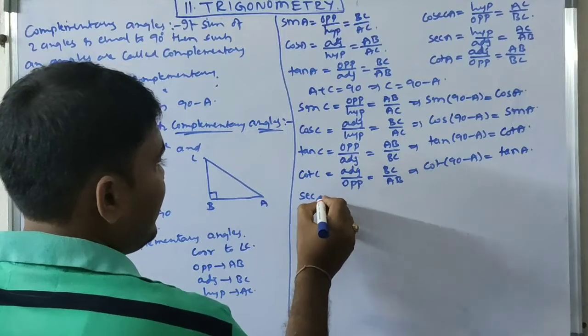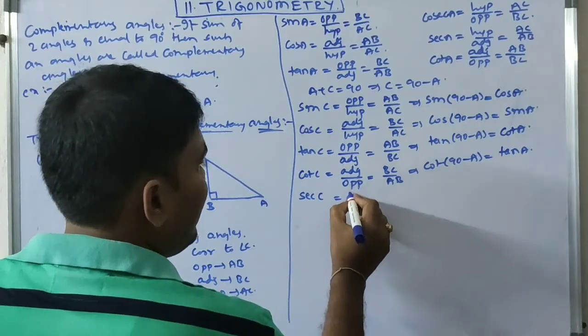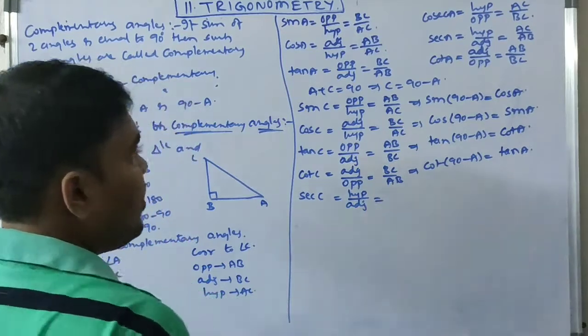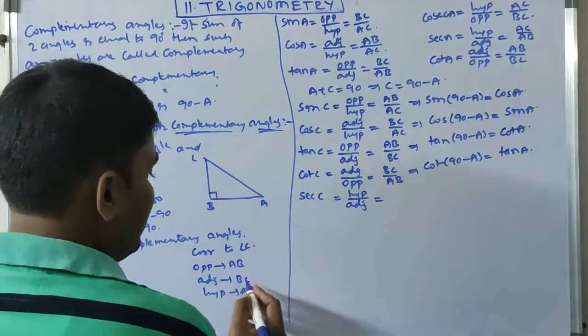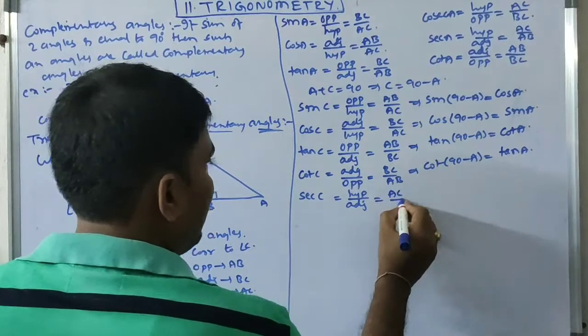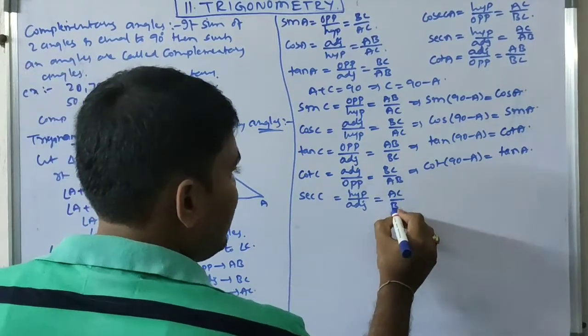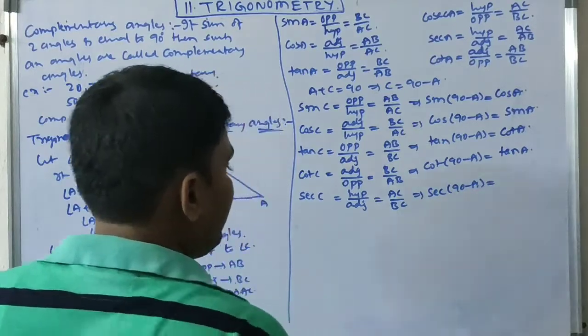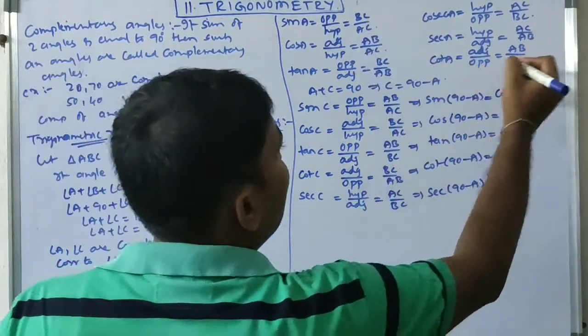Next, sec C. Sec is hypotenuse by adjacent. Hypotenuse is AC, adjacent is BC, which implies sec C equal to sec of 90 minus A, which is AC by BC.